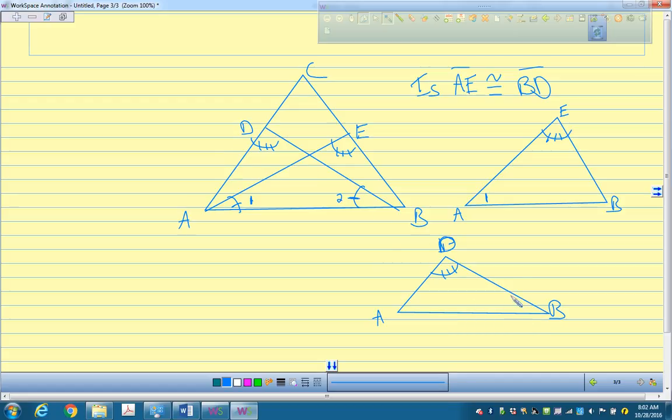So this angle 1 is congruent to this angle 2. And then from this picture, do you see that they both have side AB in them? Yes? AB, right? Okay. And so angle, angle, side, angle, angle, side. Therefore, segment AE has to be congruent to BD.